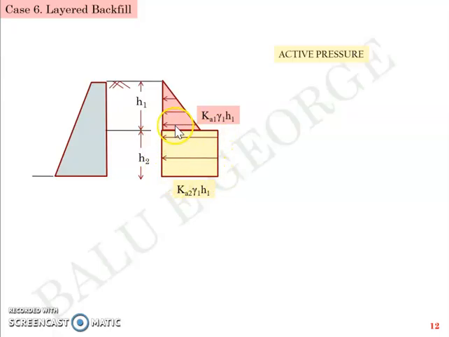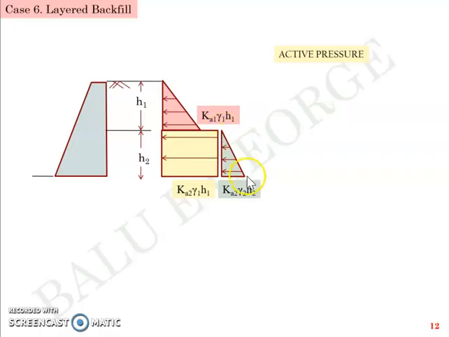So in short, just above the interface you have Ka1 and just below the interface you have Ka2. Plus you have another triangle, starts at 0 there, and reaches Ka2 gamma 2 H2 at the bottom, which means it is 0 at this level, and has a value of Ka2 gamma 2 H2 at the bottom level.